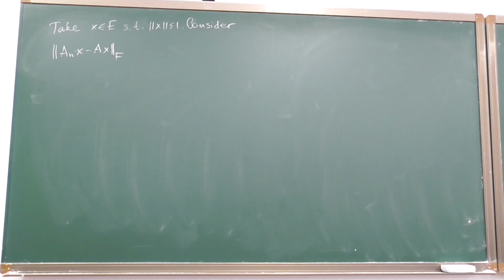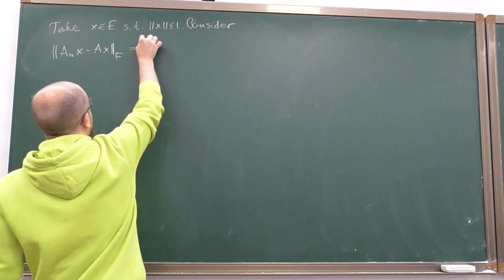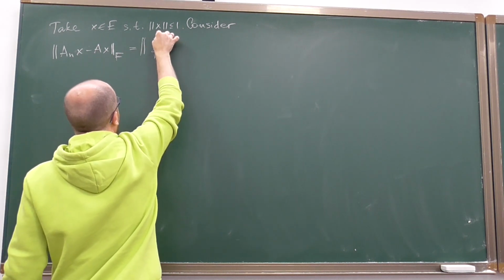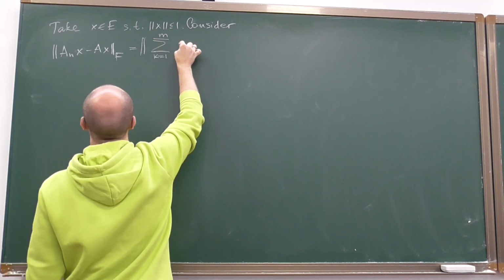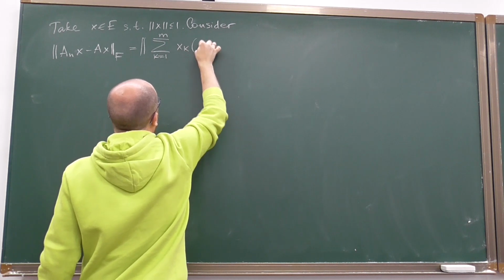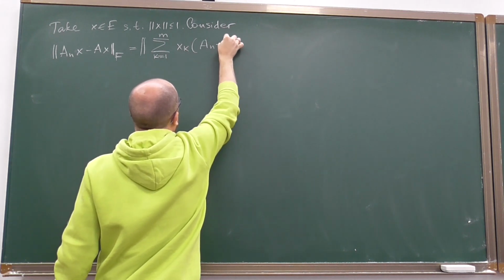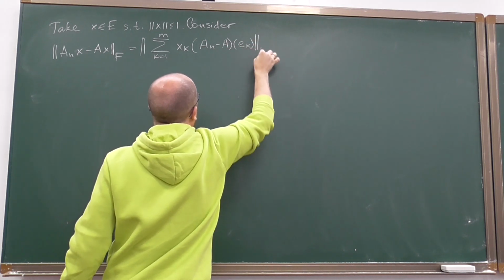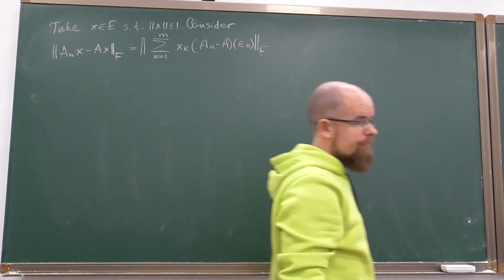Using the fact that x can be written as a linear combination of the basis vectors, and the operators A and An are linear, we can write it like this.